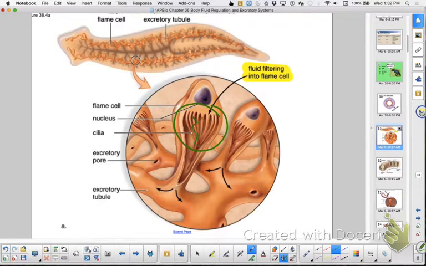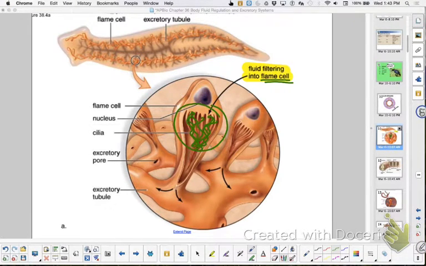These cilia will beat in a way to move the water along throughout their bodies. That's why it's referred to as a flame, because it's undulating like a flame would. So for flame cells in Planaria: branching excretory tubules that open to the outside of the body through excretory pores, and fluids propelled through tubules by beating cilia that look like a flame.